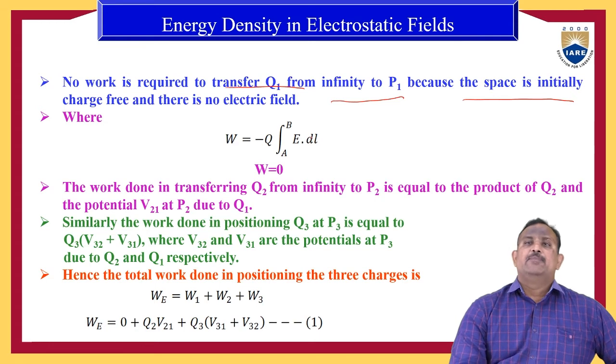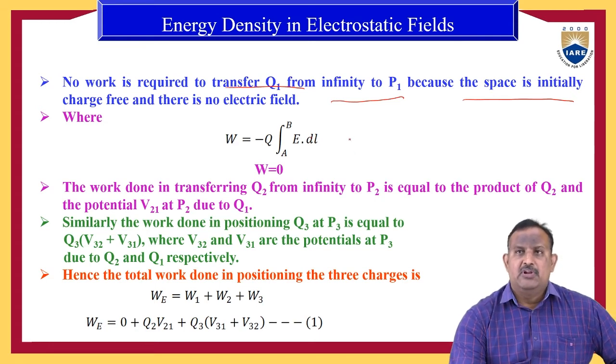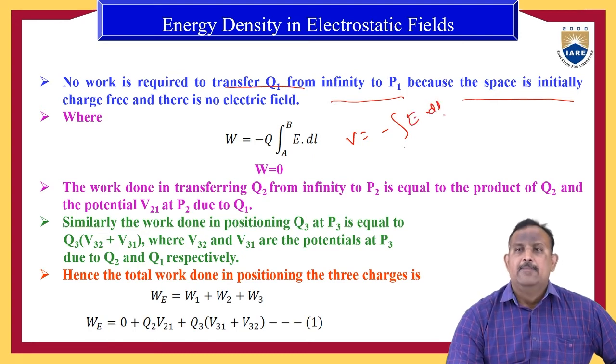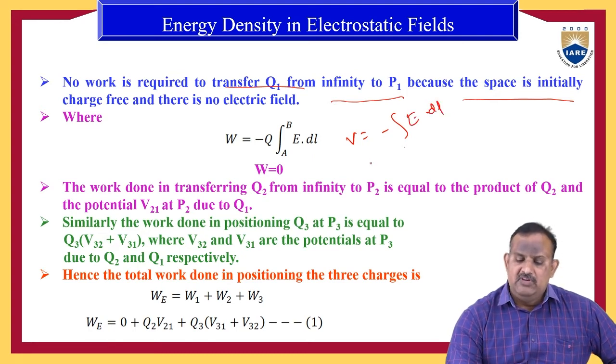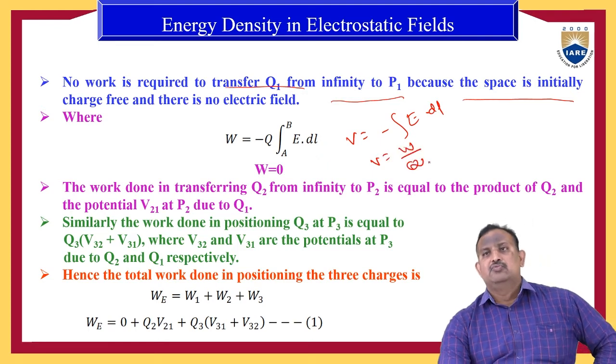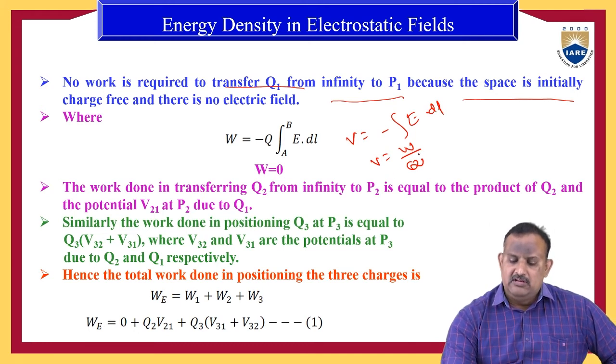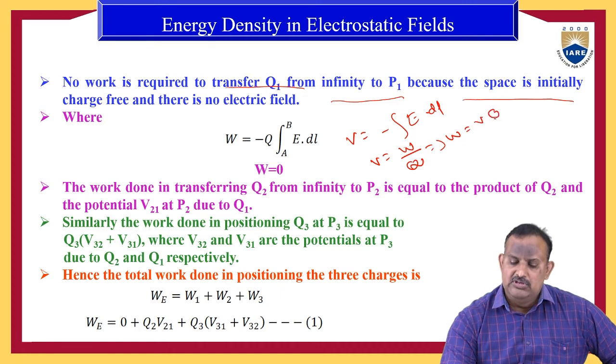We have the formula: potential V is equal to minus integral E dot dl. Or we can define the potential V as work done per unit charge. Therefore, the work done can be expressed as V times Q, which is minus Q times integral E dot dl.